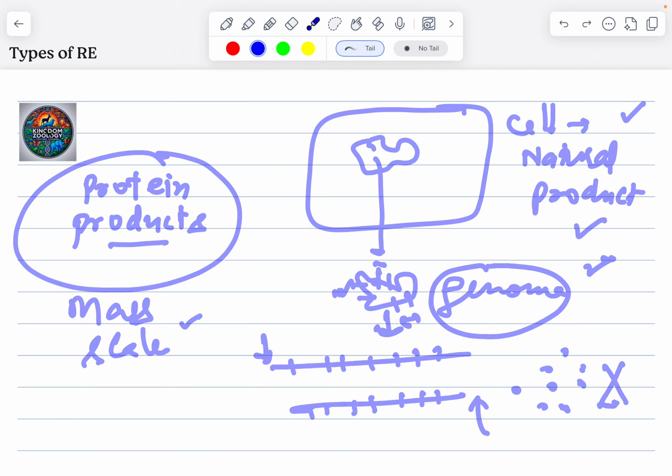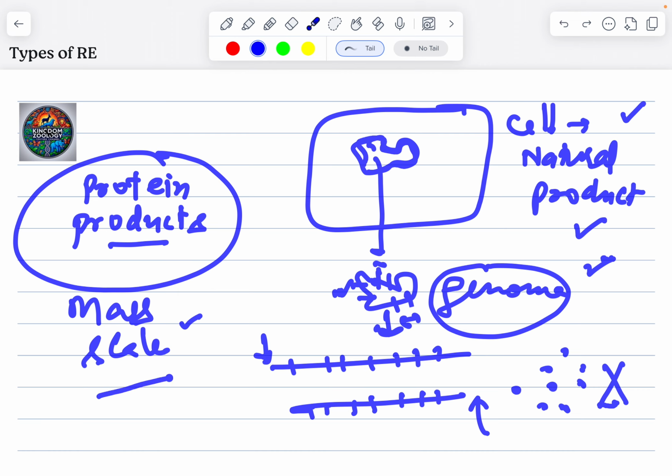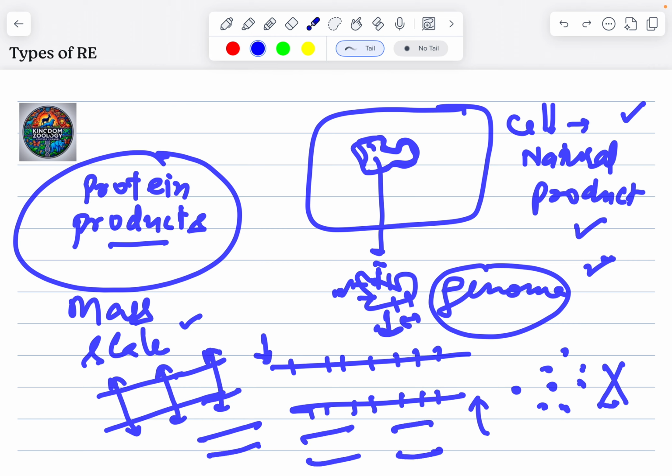So if I want to cut the genome and produce various gene fragments from it, maybe cut it over here, cut it over here, cut it over here, so that you can actually get what? Different gene fragments. One of these fragments may be having the property to code for your protein product. So that is the fragment which will be called desired fragment.